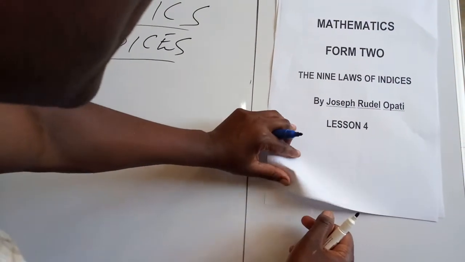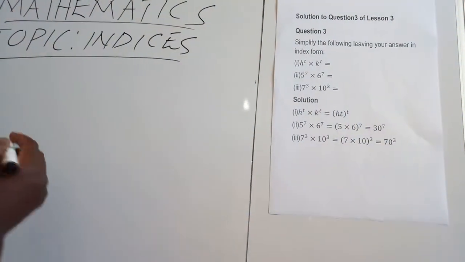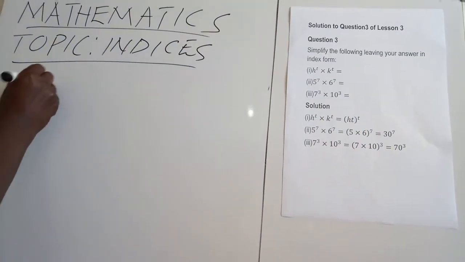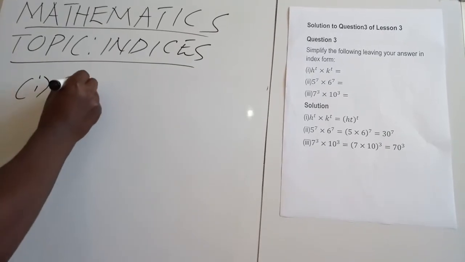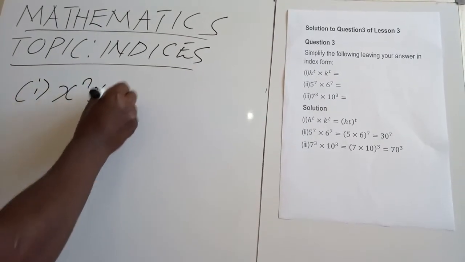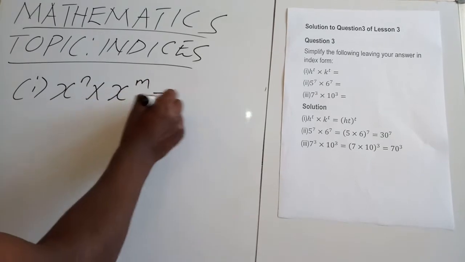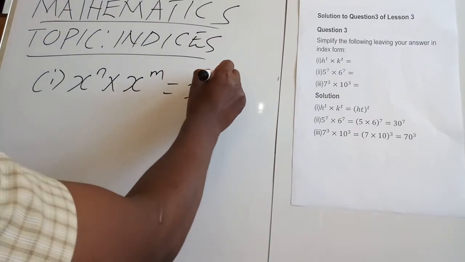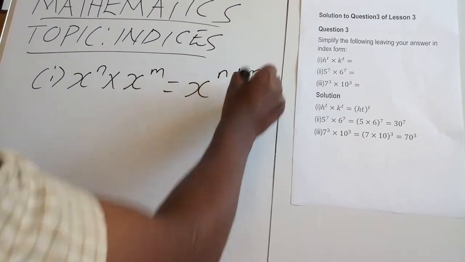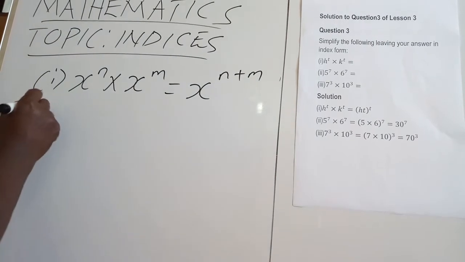If you're very keen, the laws we've covered so far are: number 1, the law of multiplication of numbers to a similar base, where we said you add the indices.